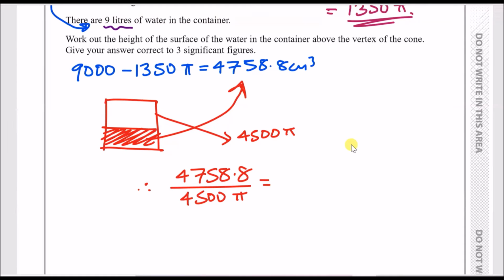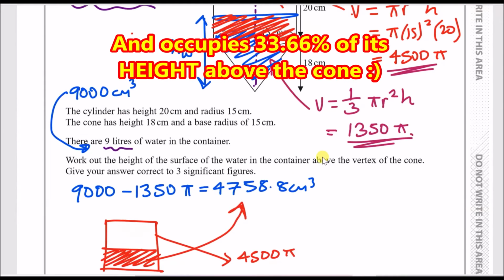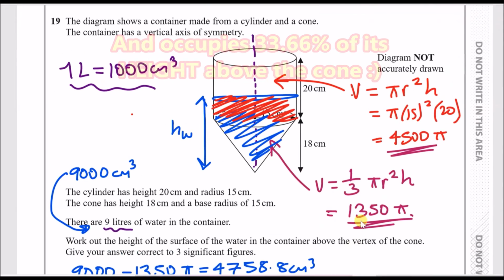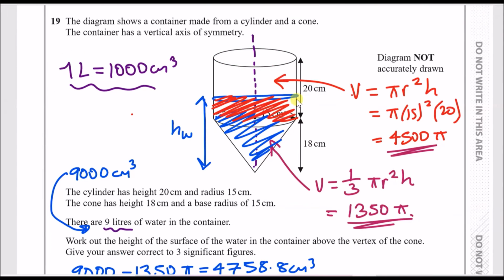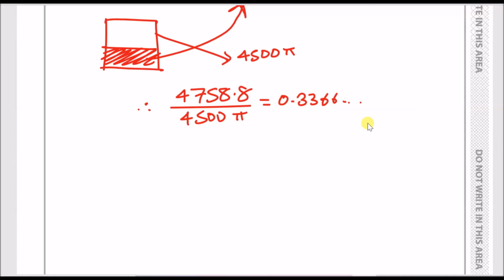If you do it correctly, you should get an answer about 0.3366 and so on. So what it's trying to say here is that this water is occupying about 33.66% of its height. So all we do now, using the scale factor, we're going to multiply against 20 and find out how high it is. So taking this of 20, so we say therefore that amount times 20 should give us about 6.73 centimeters, guys.